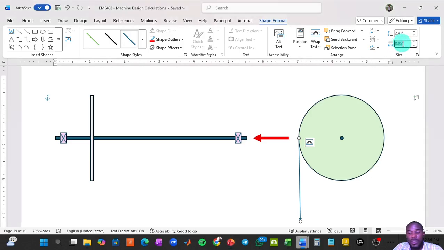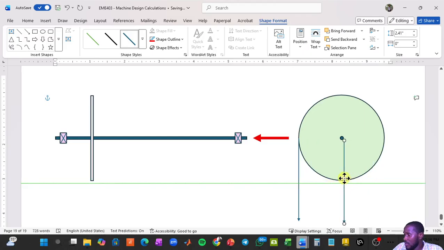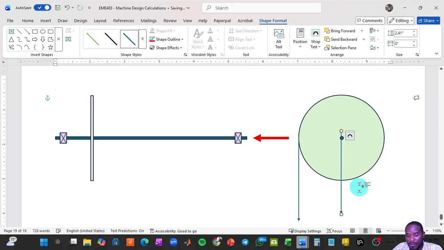This should be 0, because I want it to be perfectly vertical. So it's a pulley driving the belt system, so you should have your tension arrows on both sides.